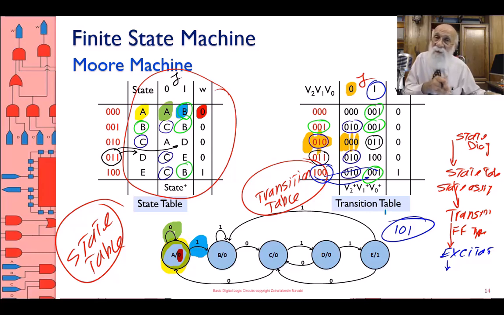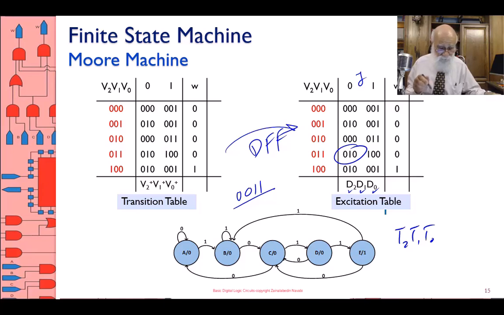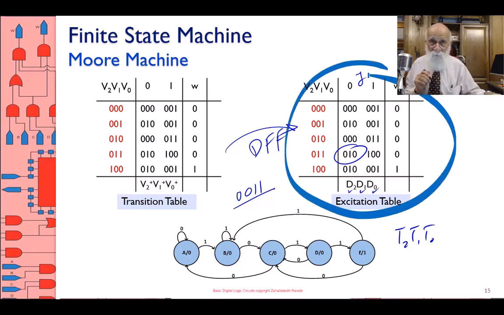Meaning I like the excitation of the flip-flops so that they will be causing these transitions. So we said, let's do an excitation table. Based on the flip-flop we want to be using, we did the excitation table. That's close to the Karnaugh map. So we said, now we have something that we can turn into a Karnaugh map.